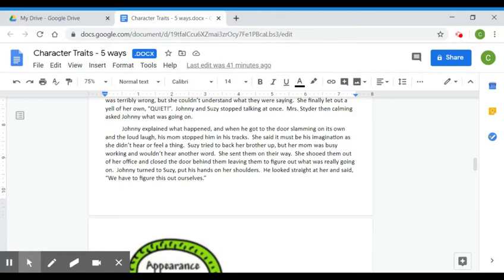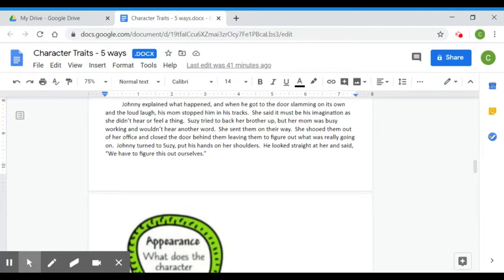She said it must be his imagination, and she didn't hear or feel a thing. Susie tried to back her brother up, but her mom was busy working and wouldn't hear another word. She sent them on their way. She shooed them out of her office, closed the door behind them, leaving them to figure out what was really going on. Johnny turned to Susie, put his hands on her shoulders. He looked straight at her and said, "We have to figure this out ourselves."